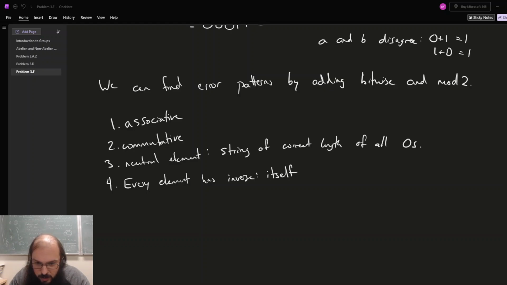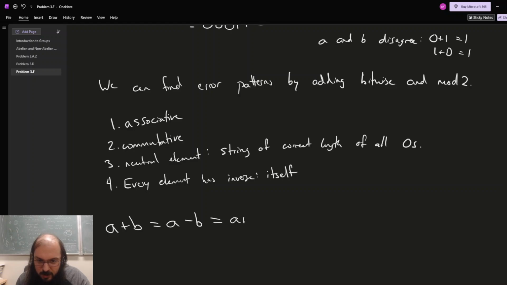Let's take a look at one particular part of this that I think is a little bit surprising. Point 6 in Pinter's book, and then also 7. Pinter says A plus B equals A minus B. He hasn't told us what minus means.